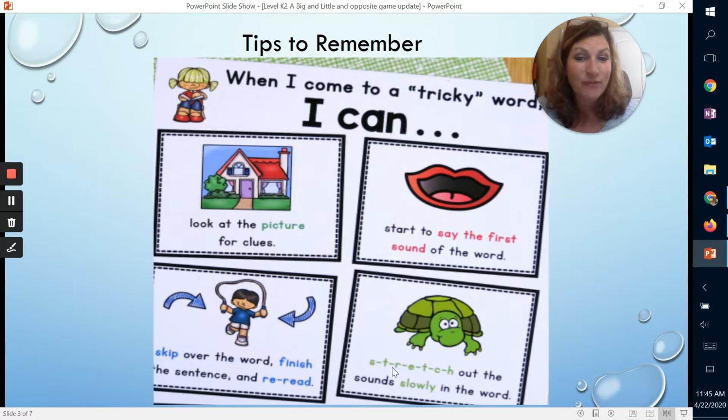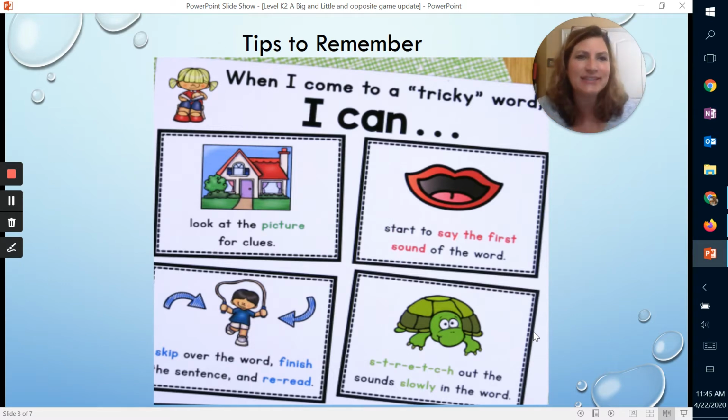Or one of my favorites is to stretch out that word. So, when we stretch our arm out, we put the first sound here, and then you put the second sound, and then the ending goes down here by your wrist, right? For example, if you wanted to sound out cat, cat, cat, put your first sound here, cat.